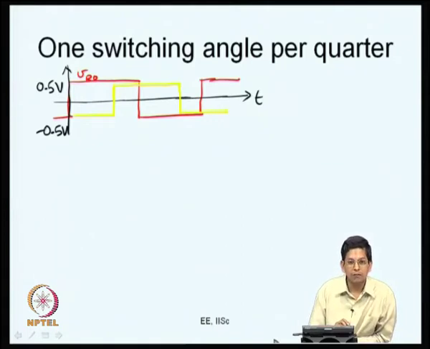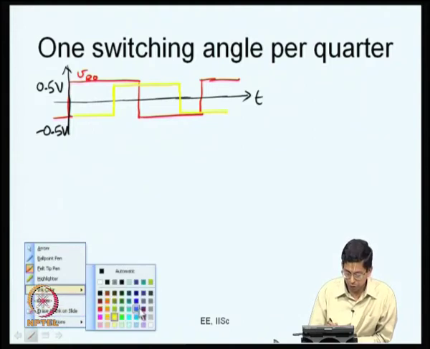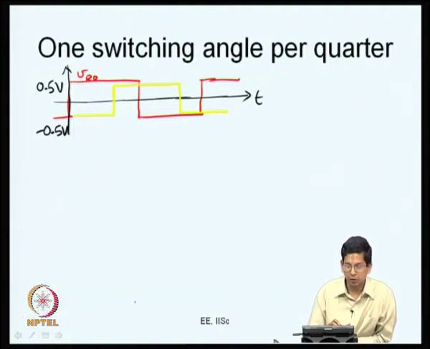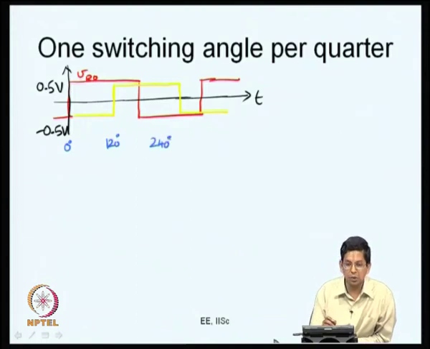How will VBO be? Let me choose blue color here. That will be phase shifted by a further 120 degrees now. If R had a 0 crossing at 0 degrees, Y had a 0 crossing at 120 degrees, B will have its 0 crossing. What I mean by 0 crossing is switching from low to high. R switches from low to high at 0, Y switches from low to high at 120.